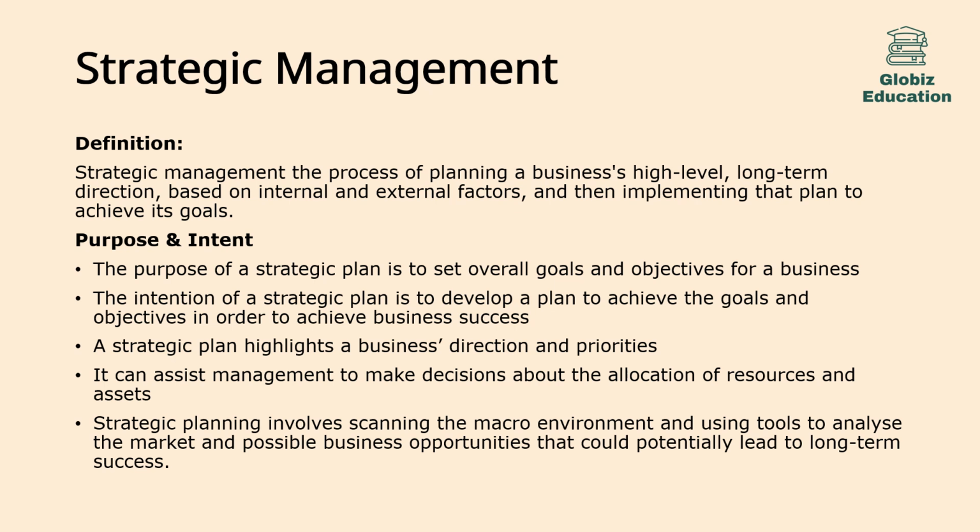To do that, it needs to assess both internal and external factors within the business itself and the industry in which it operates, but also more macro factors to assess the operating environment, to figure out its priorities, and then to develop a plan which achieves those priorities, implement that plan, and then evaluate it. So there's a range of different steps involved, which is basically the course of this PowerPoint.